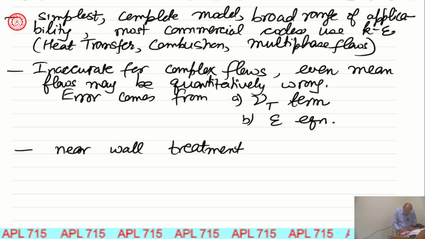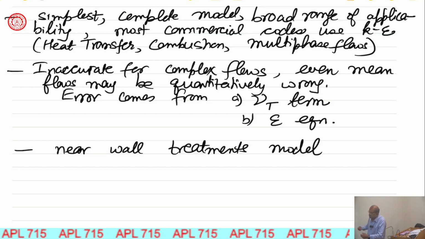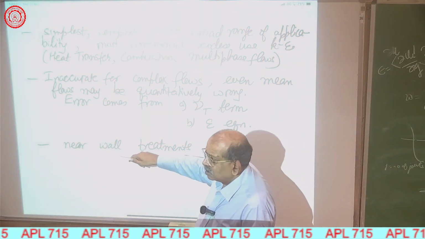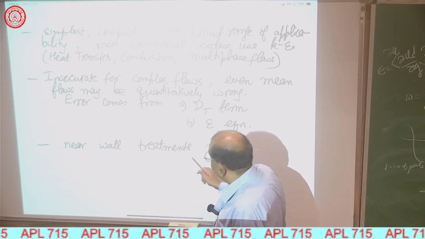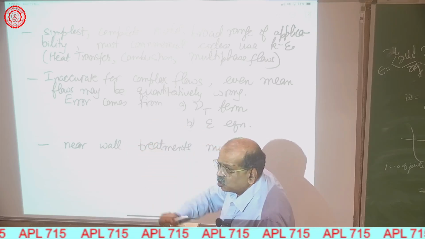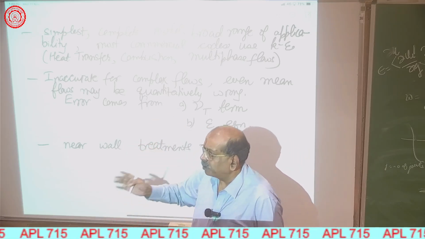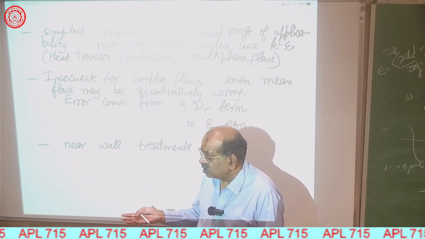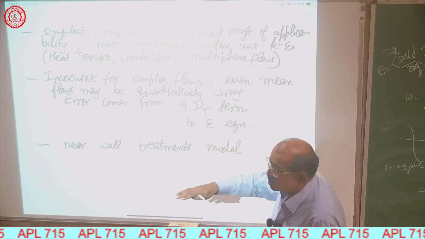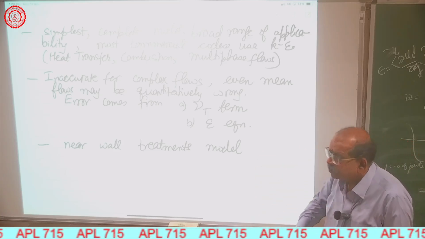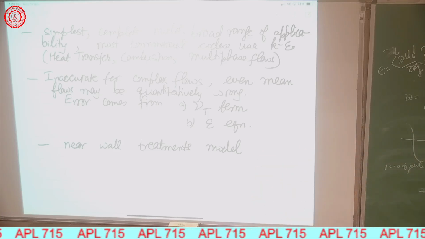In this course we will not be going into that, but maybe in the last class, let me see what all I will cover. That's tomorrow. But when you are near the wall, then we need some near wall treatment models. Some extra terms have to be added to get the wall region properly. And you must have heard of a term called law of the wall. You have to use some wall functions, what we call them, to get the wall modeled properly, even using the k epsilon model.